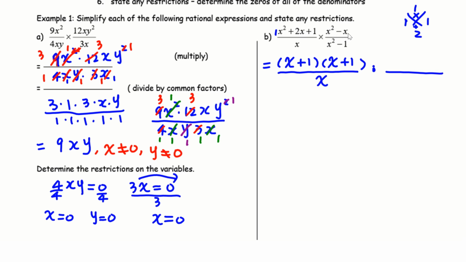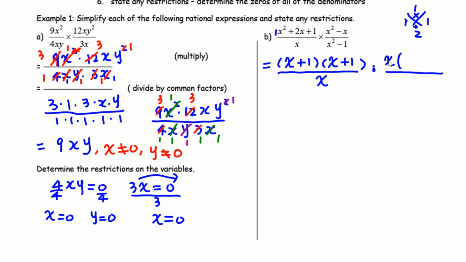X squared minus x, you have 2 terms. We want to find, do we have a common factor? The 2 terms both have variable x. Then the lowest degree for the variable is the common factor. So lowest degree from x squared and x is x.